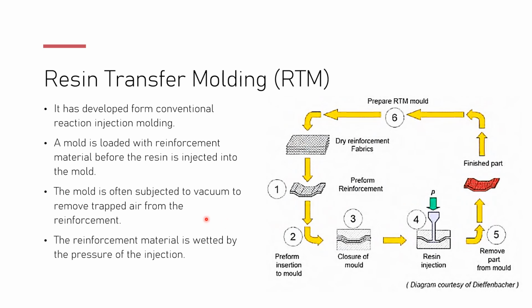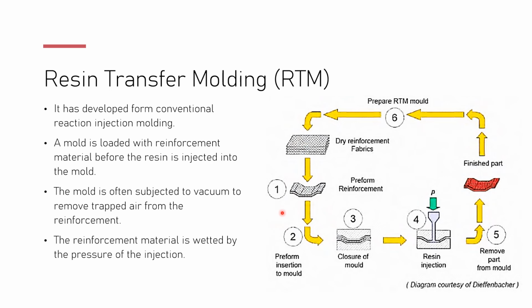Resin transfer molding is your RTM. You always see the RTM, that's your resin transfer molding. And here's a diagram to show you, so you can see it. It has developed from the conventional reaction injection molding, same as that process.